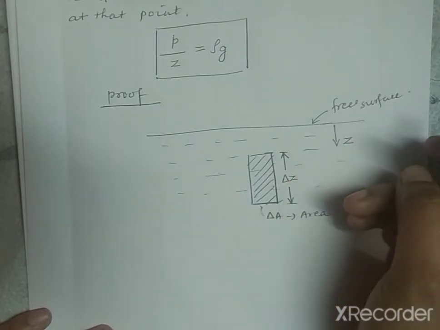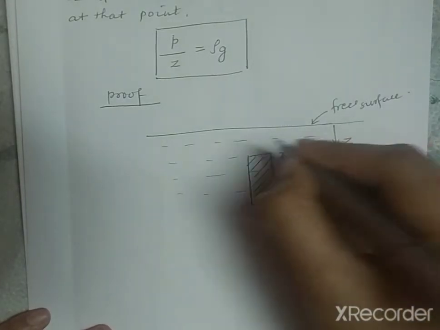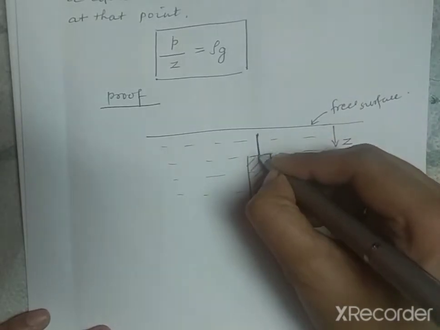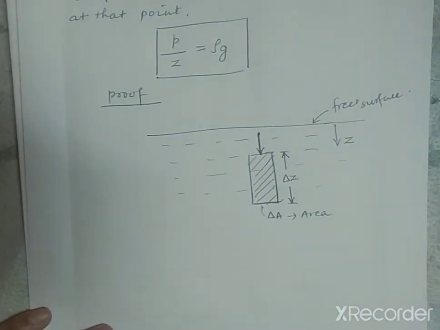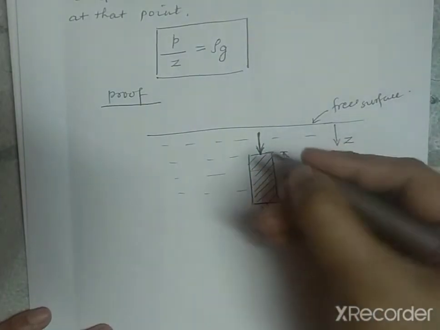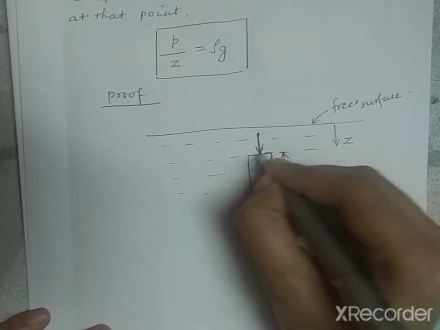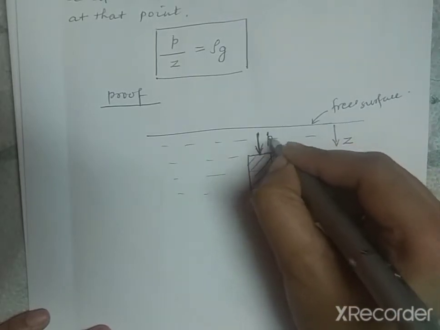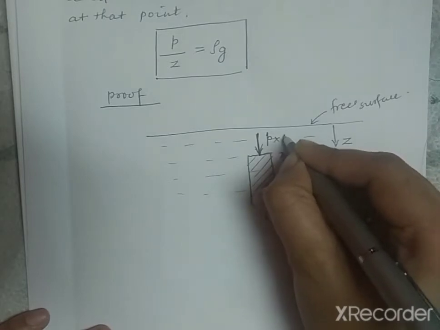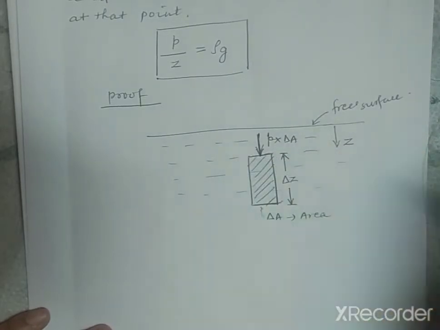How to draw the free body diagram? On this surface there will be a force acting normal to the surface. Let it be P into delta A, because A is the cross sectional area.